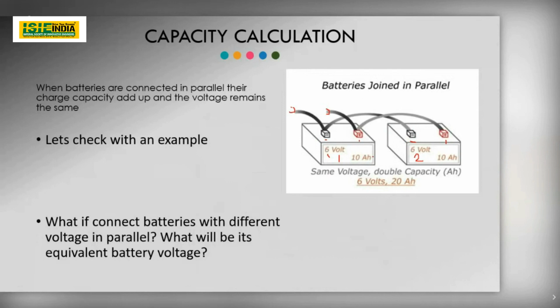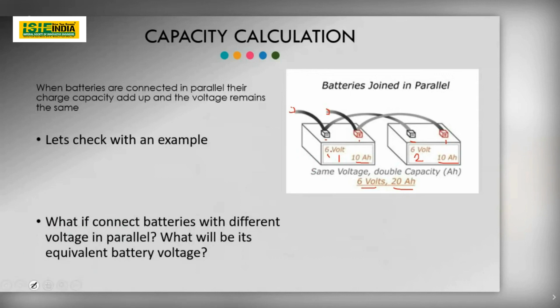So I have a question for you. As you can see, the equivalent circuit of this connection is 6 volt and 20 Ah. So 10 Ah from battery 1 plus 10 Ah from battery 2 gives 20 Ah. So what if we connect batteries with different voltage in parallel? What will be the equivalent battery voltage?